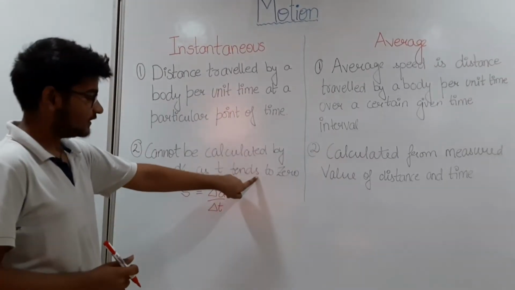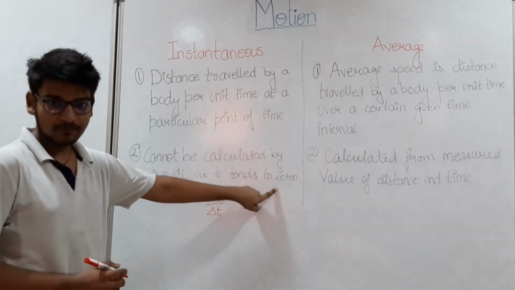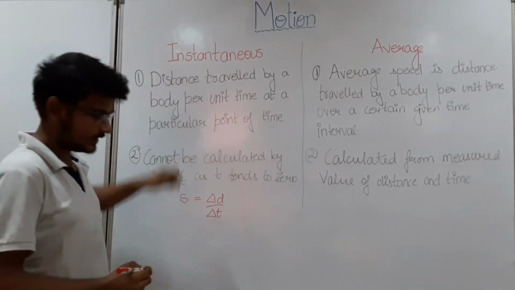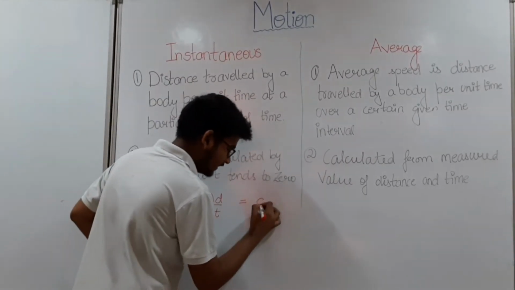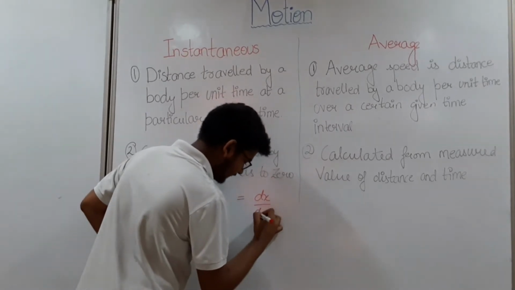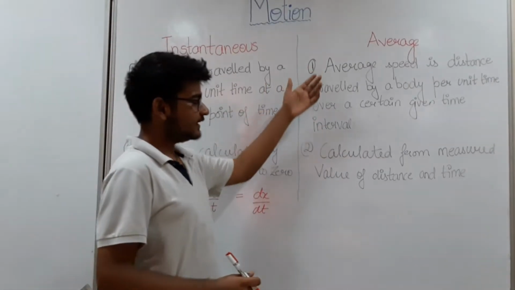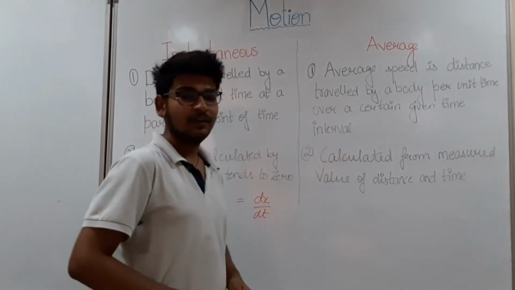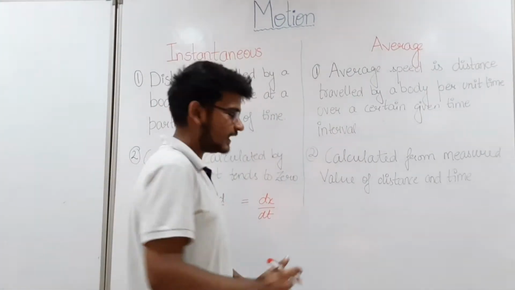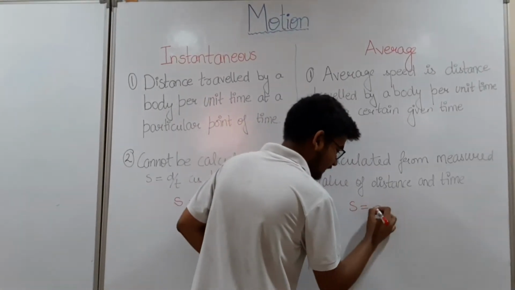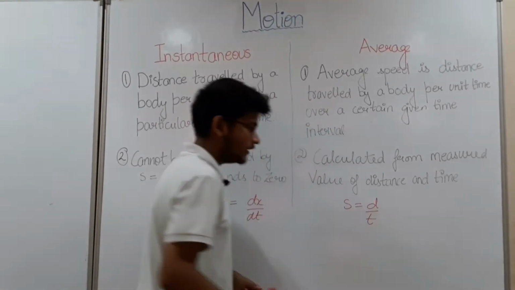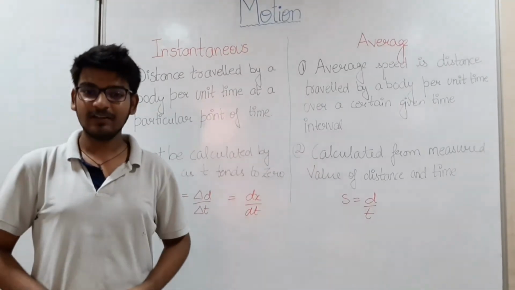So when time tends to 0, that means the instantaneous speed, we will define it as ds by dt. That we will study later. Average speed can be calculated from the normal formula, that is S is equal to d by t. So let us take an example to understand these terms.